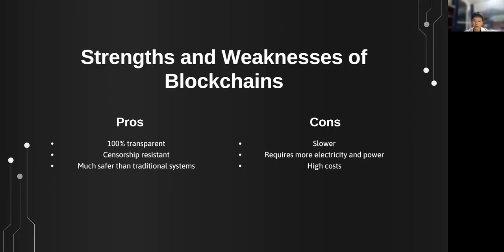No one has found a way to actually hack a blockchain itself. But there have definitely been events where blockchain exchanges or people's computers have been hacked or exploited, if that makes sense.